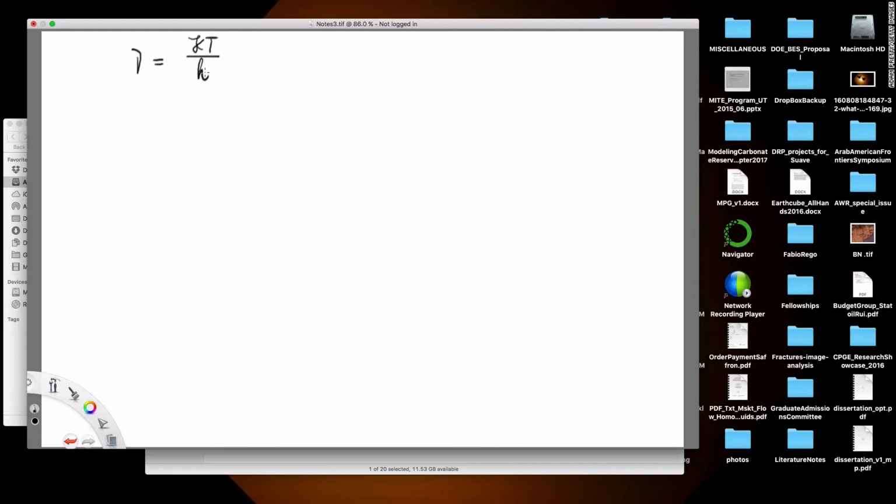I don't know much more than that, but it's a basic constant in quantum mechanics, and this is going to be my exponential function of the energy of activation that I already introduced per mole, divided by RT, where R is the gas constant, kappa is Boltzmann's, and h is Planck's.